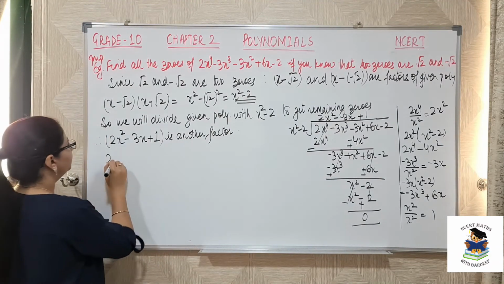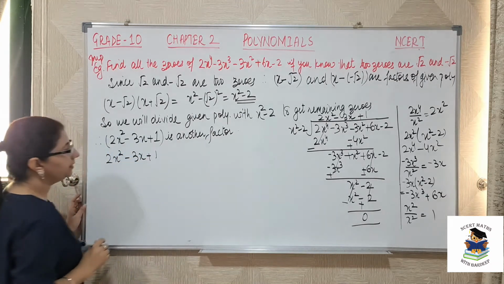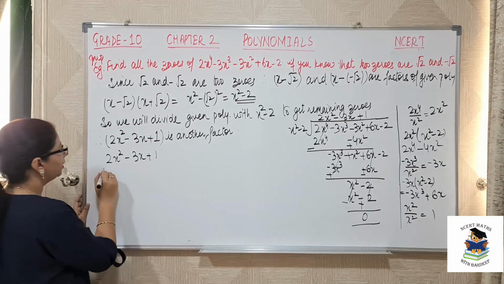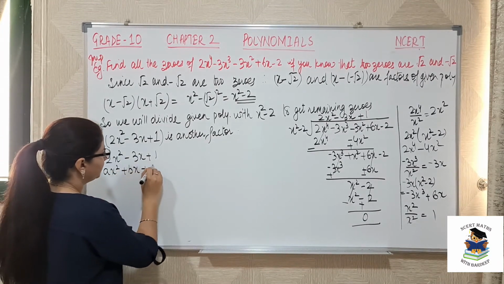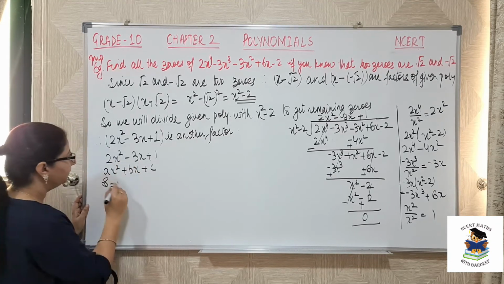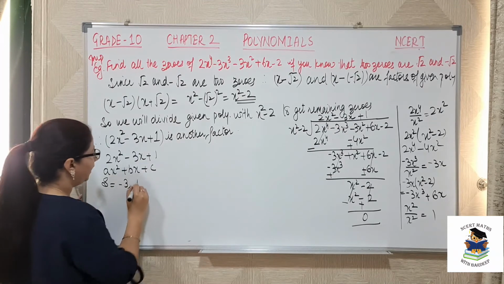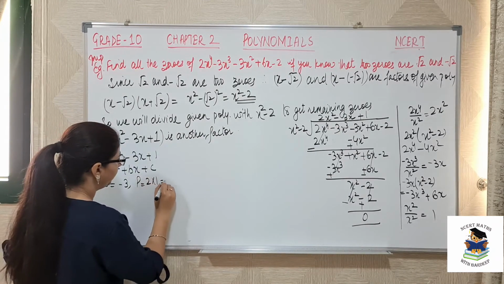Okay, so it will be 2x square minus 3x plus 1. So now comparing this with ax square plus bx plus c, what should be the sum? This is always b, that is minus 3, and product is a into c, that is 2 into 1 as 2.